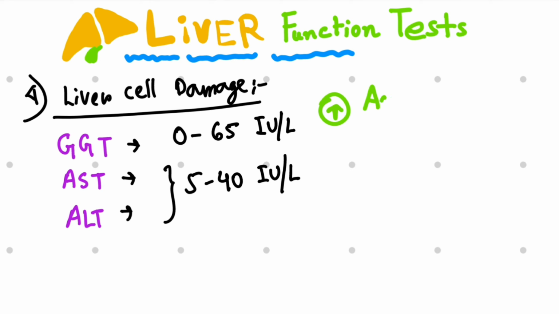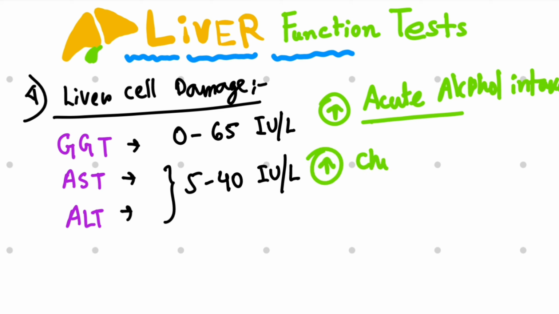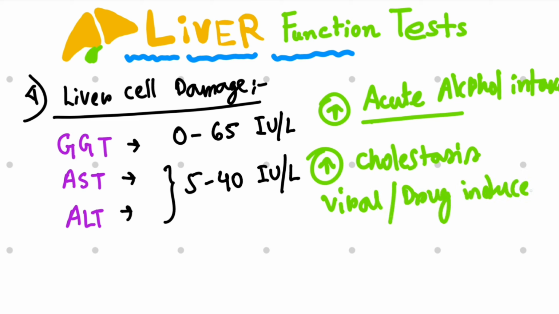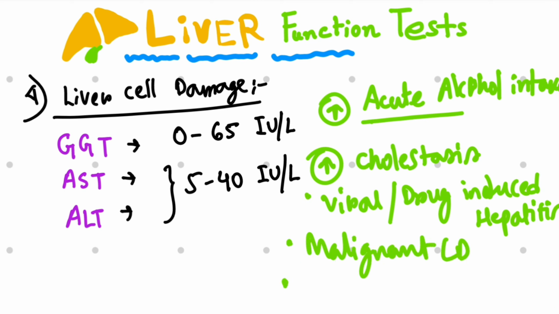It is raised in case of acute alcohol intake, and if there is any cholestasis, GGT might be increased. AST and ALT are raised in cholestasis, in case of viral or drug induced hepatitis, if there is any malignancy or malignant liver disease, in case of infectious mononucleosis.